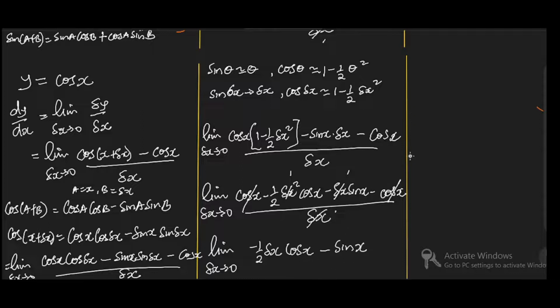But we know that the small change in x tends towards 0, so negative a half small change in x cos x will also tend towards 0, because when the small change in x is 0, multiplying through gives 0. Therefore dy/dx of cos x is equal to negative sine x.